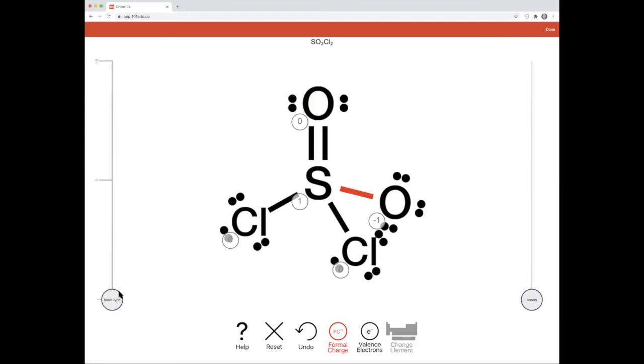I'll click the bond, go to a double bond, and remember I have to change the number of lone pairs on that oxygen down to 4. And looky there, now everybody's got 0 formal charge. But in order to do that, I had to cause my sulfur, the central atom, to exceed the octet. So now the sulfur has 2, 4, 6, 8, 10, 12 electrons.